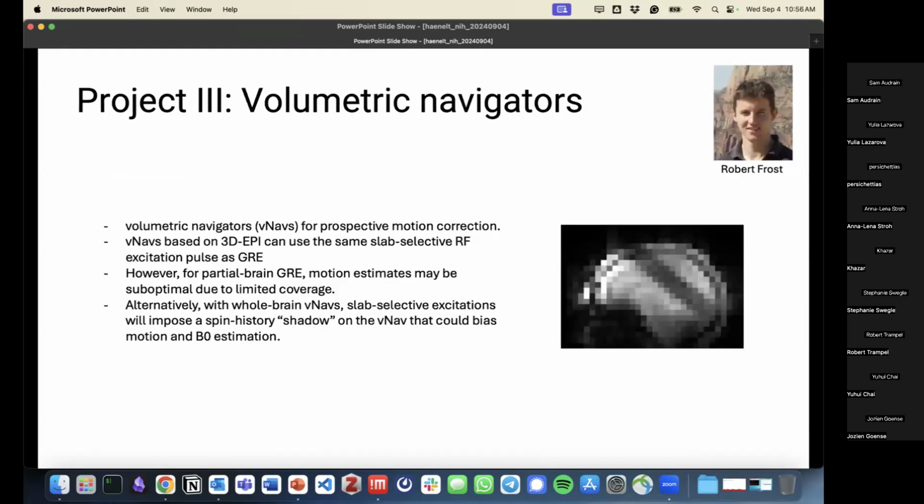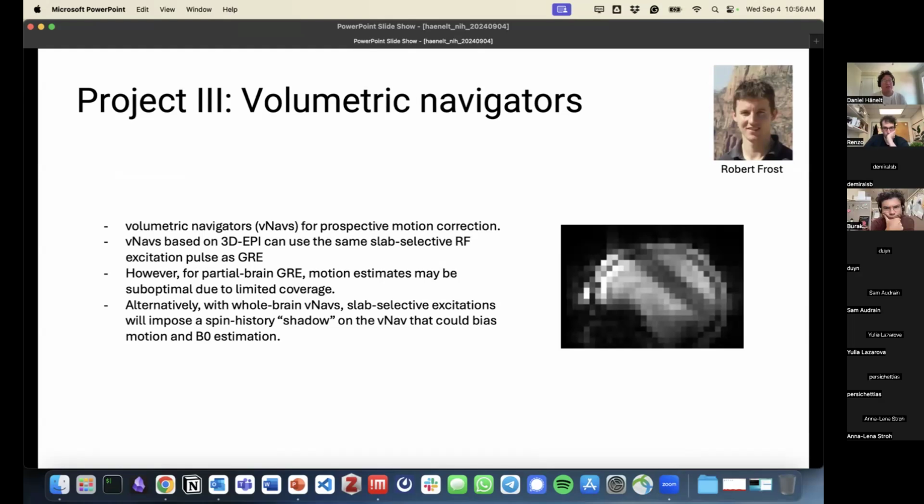To improve image quality, we wanted to start using the volumetric navigators technique for prospective motion correction. We did this in a collaboration with Robert Frost, who implemented these in the gradient echo sequence which we use.